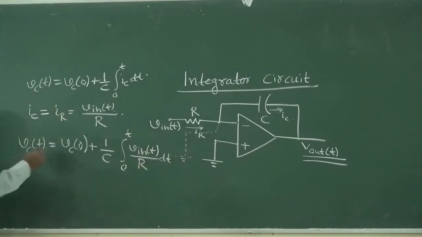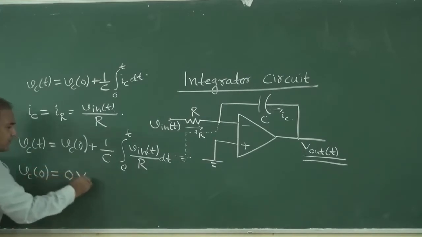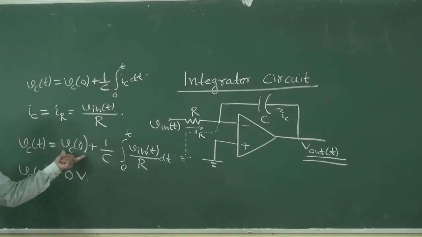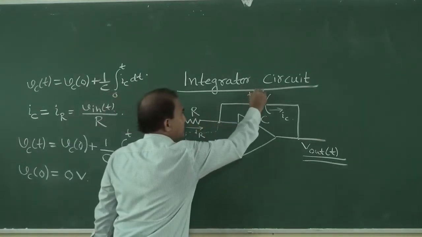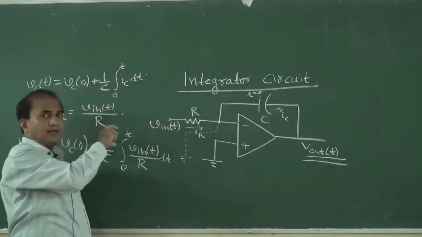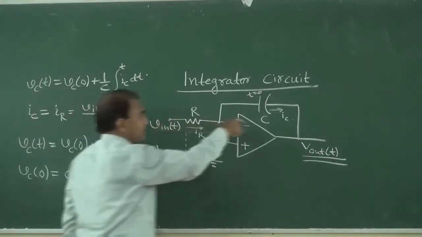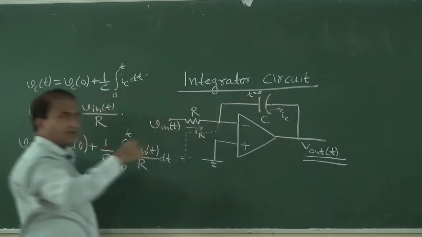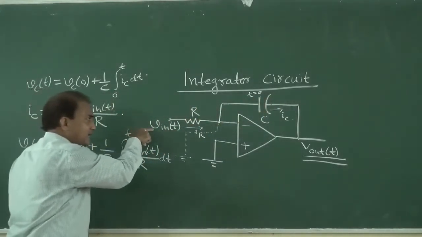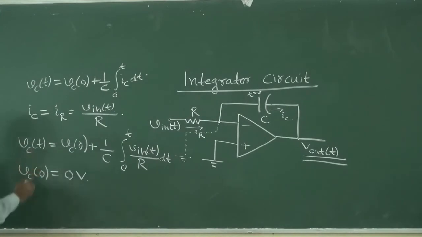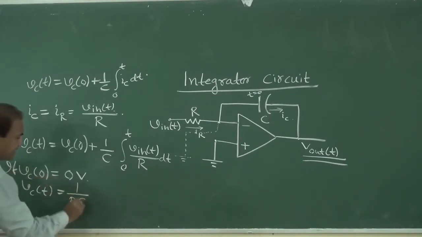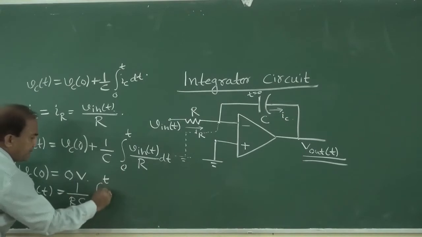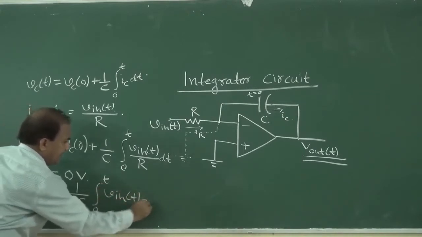Now suppose VC at t equal to 0 is 0 volt. What is this VC at t equal to 0? It means before giving the input, the voltage across this capacitor is equal to 0 volt. Then we can write VC of t equal to 1 by RC integral of 0 to t V in of t dt.